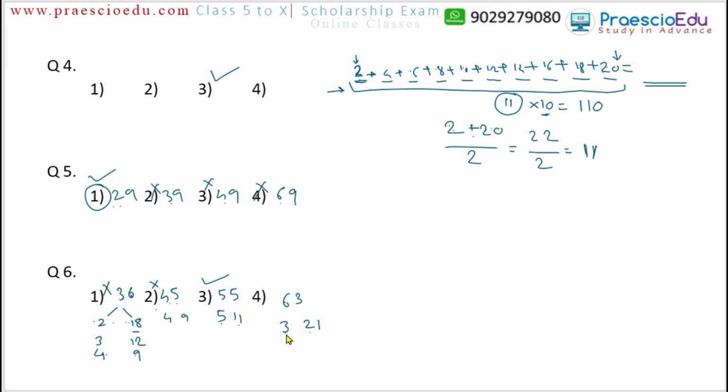Apart from 3, there is no other suitable factor pair, so this is also not the number we are looking for. So option number 3 is the correct option. Like this, we have to find a pair of two factors which are both prime numbers. That is exactly the meaning of the question.